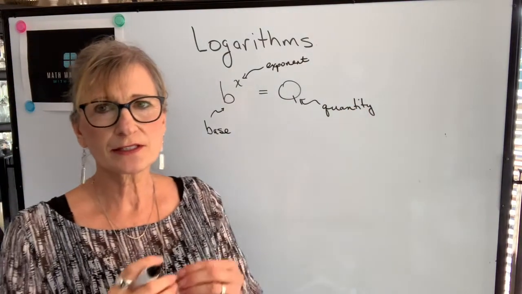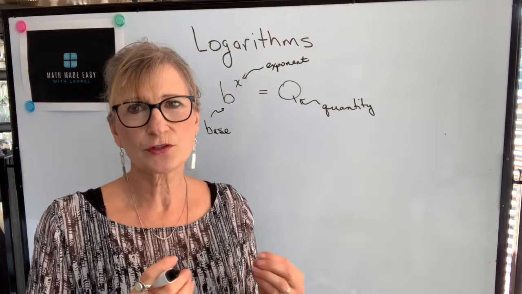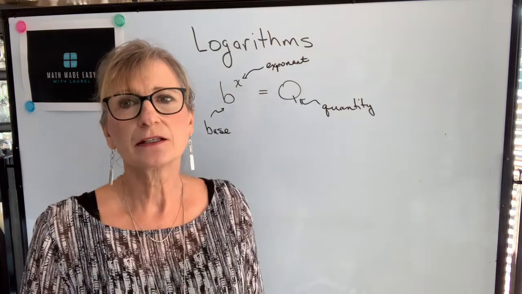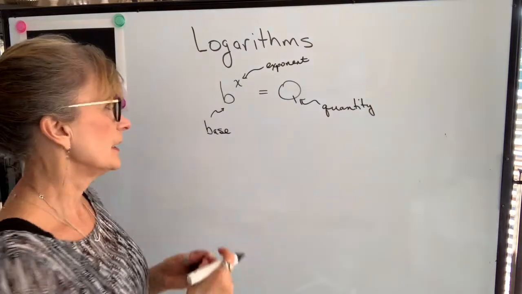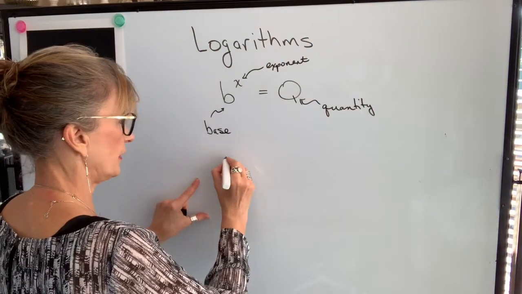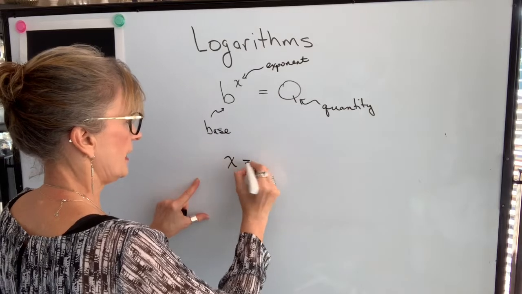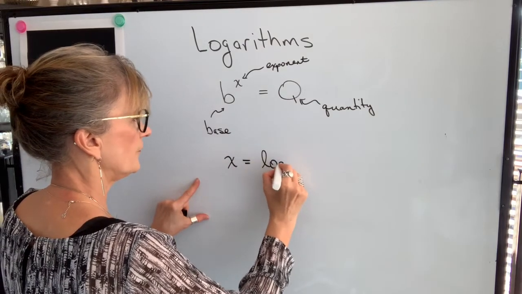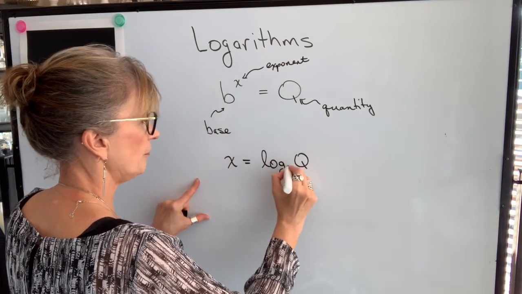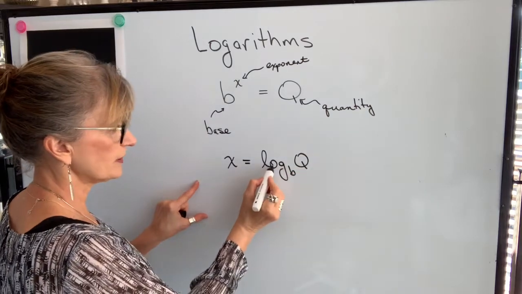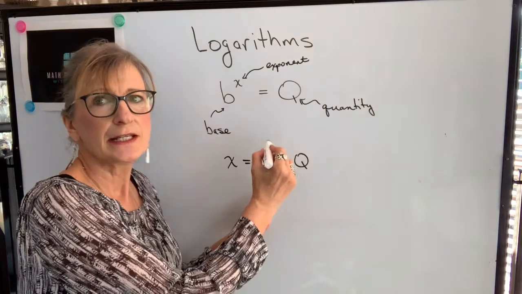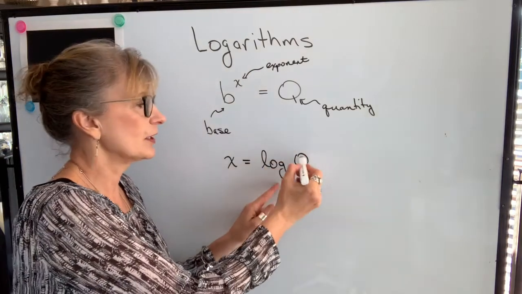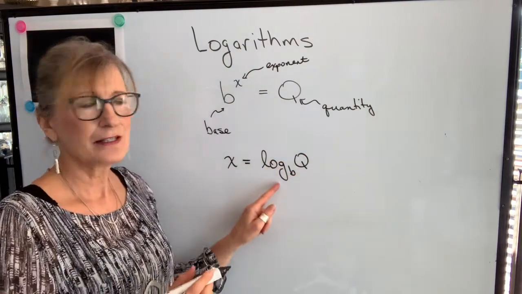We can express this same relationship between these three variables in log notation. We isolate the exponent, x, and that will be equal to the log of q base b. We don't say the log of b, even though b follows, it's actually a subscript. That just tells us the base. So it's the log of q base b.